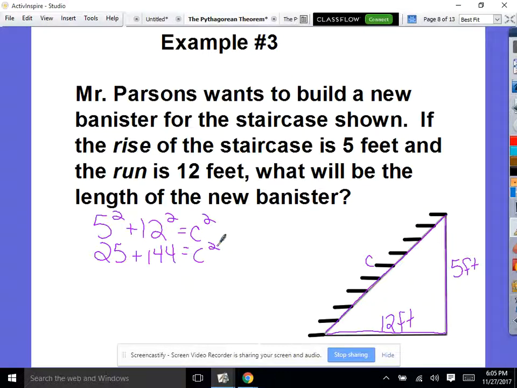And if we add those together, that will give us 169 equals C squared. And are you seeing why I wanted you to memorize your perfect squares up through 15 squared? The square root of 169 is 13. So C, the length of the banister, is 13.